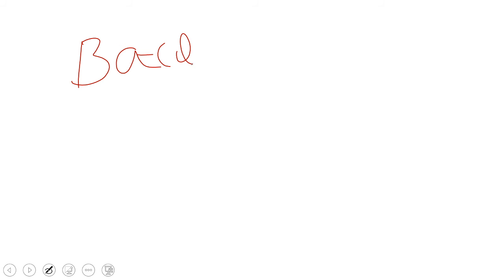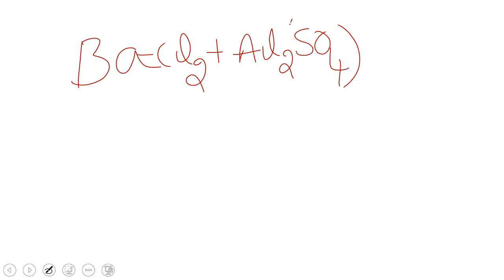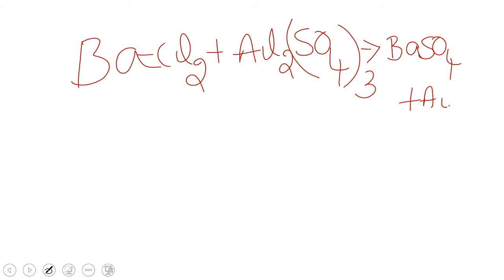It's barium chloride BaCl2 plus aluminium sulfate Al2(SO4)3 gives rise to BaSO4, barium sulfate, plus aluminium chloride, AlCl3, the aluminium chloride formula.